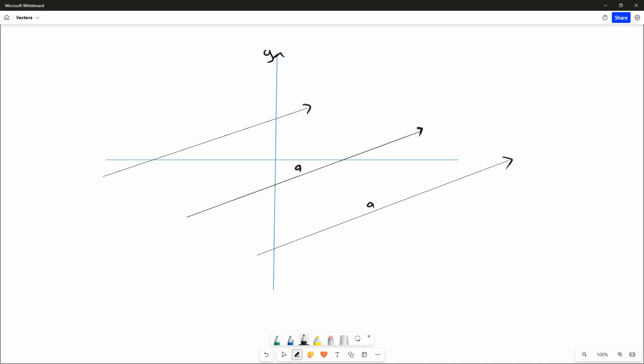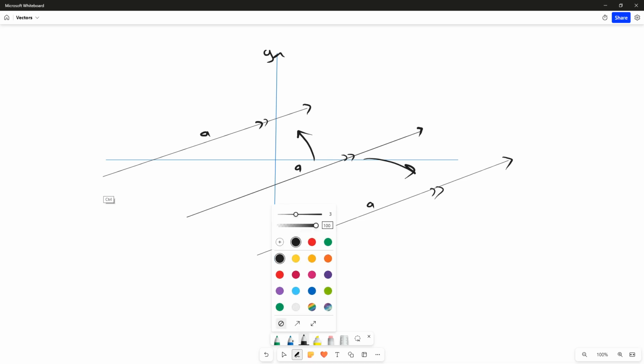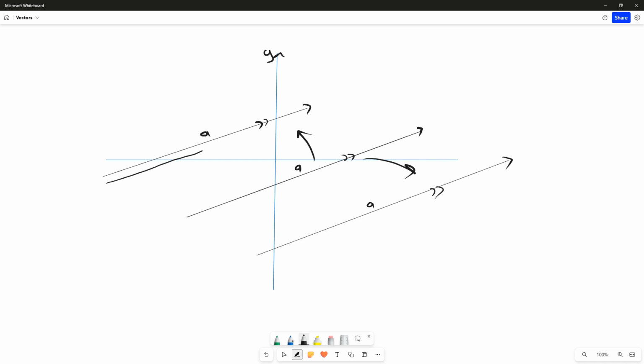It's still vector a. So I can move this vector wherever I want, as long as it stays parallel to the original vector and is the same magnitude, then it's the same vector. So I can move a vector around. But if I take the vector and draw exactly half of it, starting from here, I go right till halfway, then this vector will be half of a.